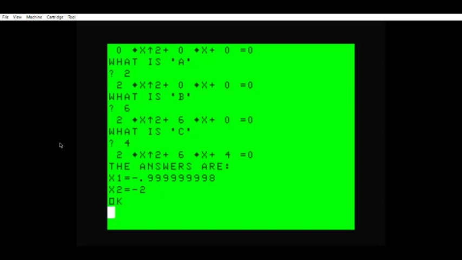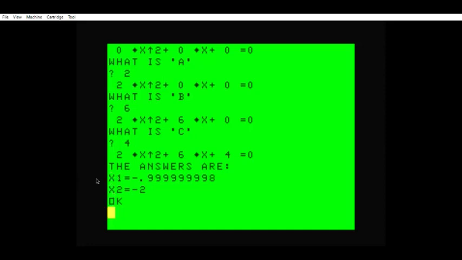So once we fill in the c, we have 2 times x squared plus 6x plus 4 equals 0. And if you go back to the whiteboard, you'll see that it's the same as the example that I gave you. And as soon as we put in our C answer, what we want for C, it gives us our two answers, x1 and x2.